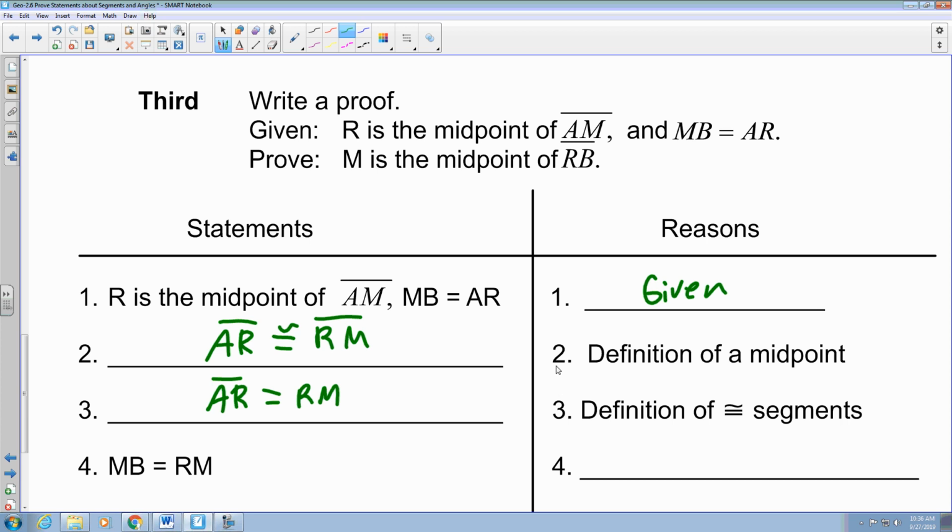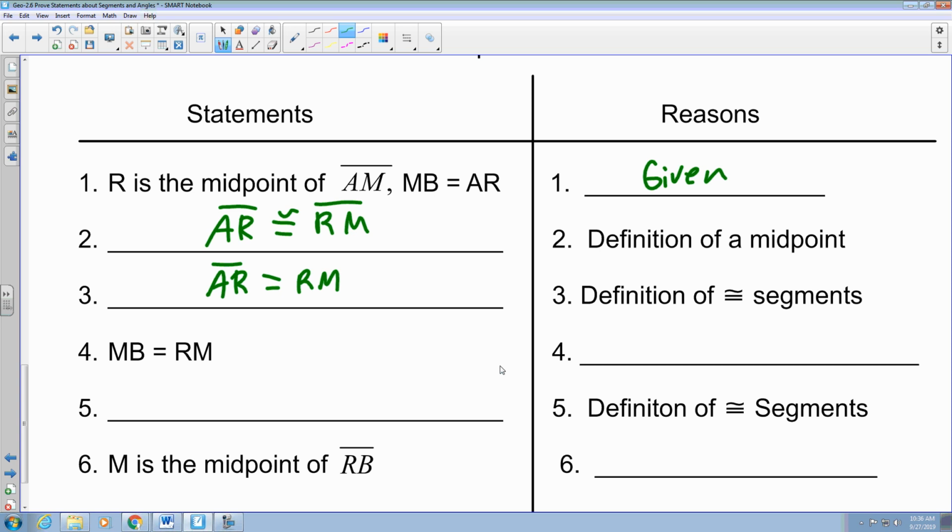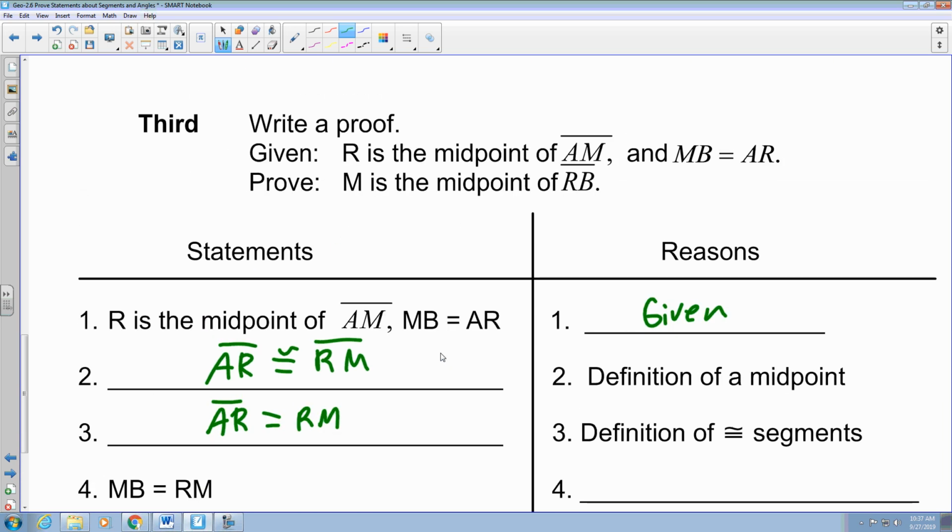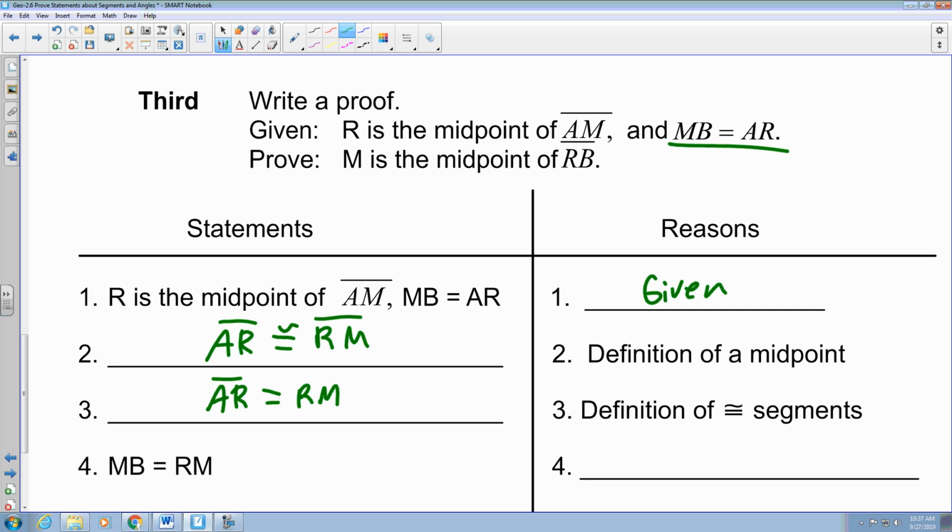Fourth thing, it says MB is equal to RM. So point 3 is going to help us figure that out, because we have MB is equal to AR, which was the given.